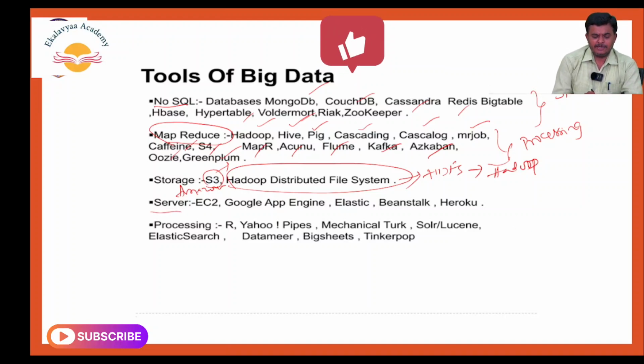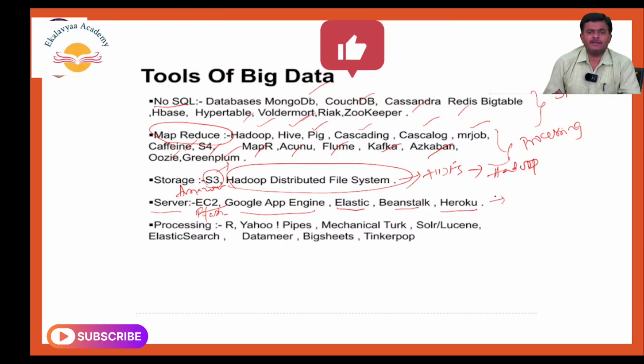Next we need processing server capabilities, that is EC2, again from Amazon. It's the Elastic Compute Cloud supported by Amazon. Next, Google App Engine from Google, Elastic Beanstalk, and Heroku, which are from other companies, help in processing the big data.